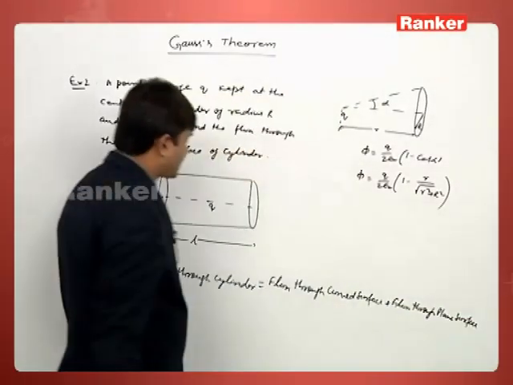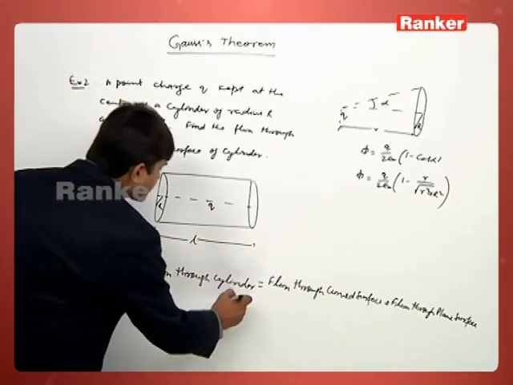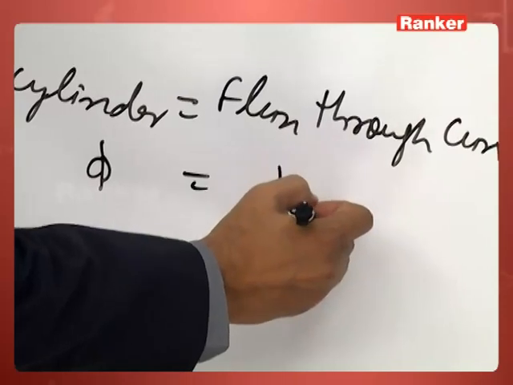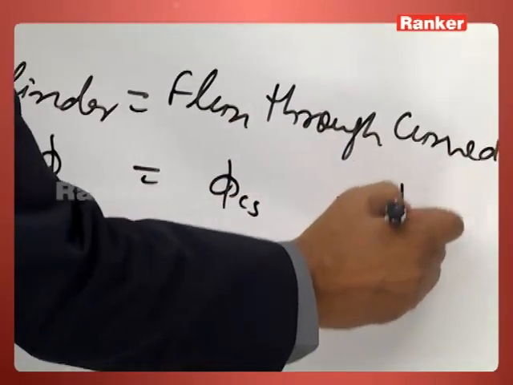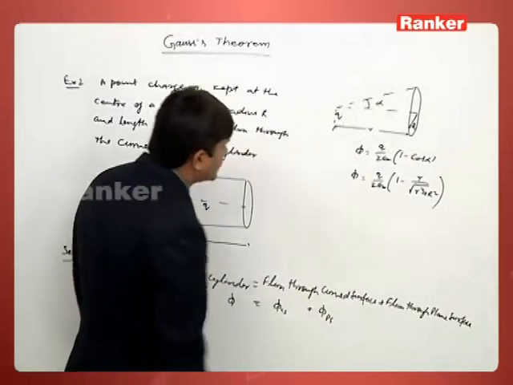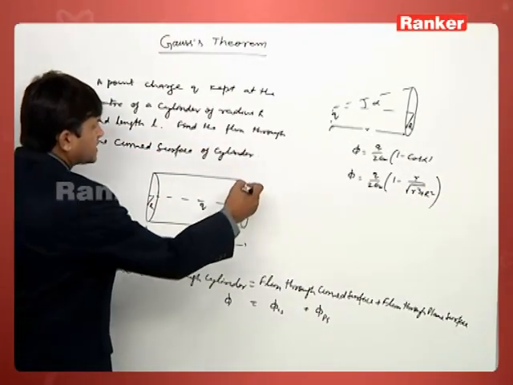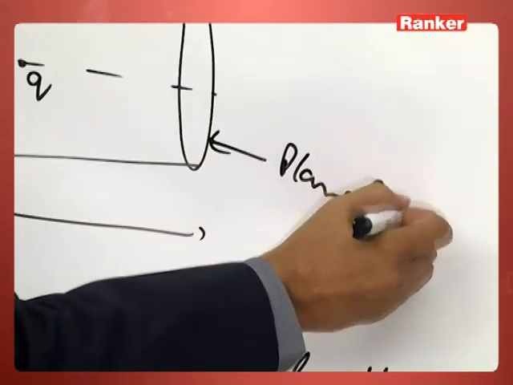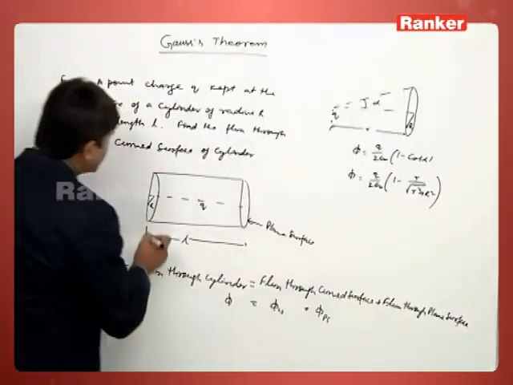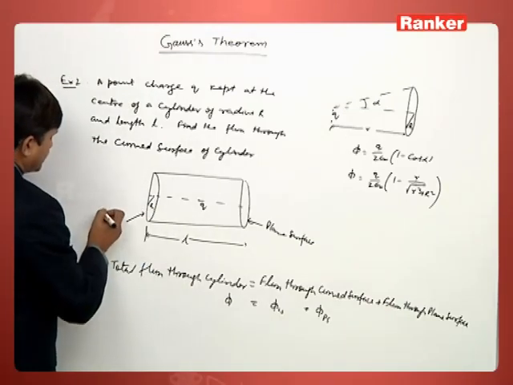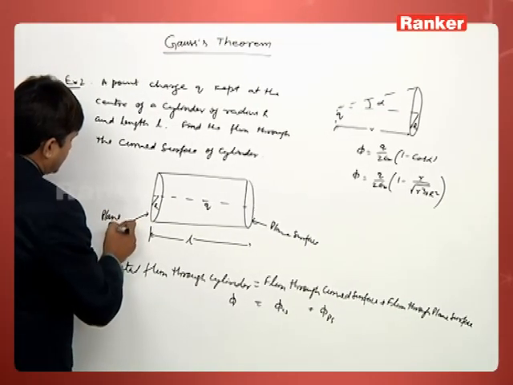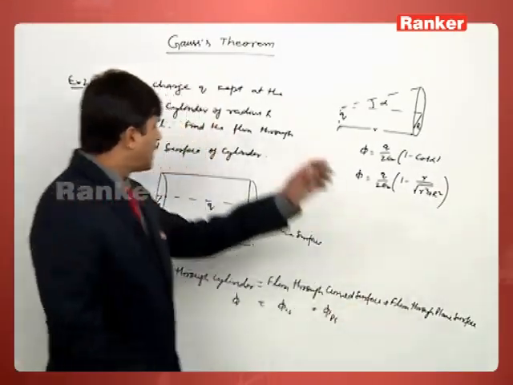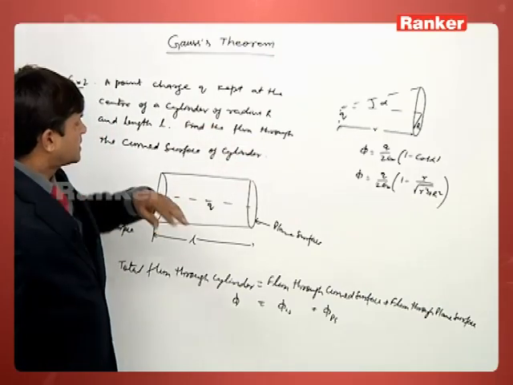This is the total flux: phi is equal to the flux through the curved surface plus the flux through the plane surfaces. The plane surfaces are these: this is one plane surface and this is another. We have two plane surfaces and this is the curved surface.